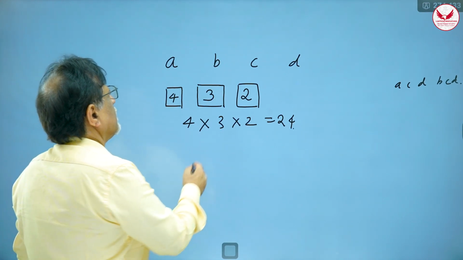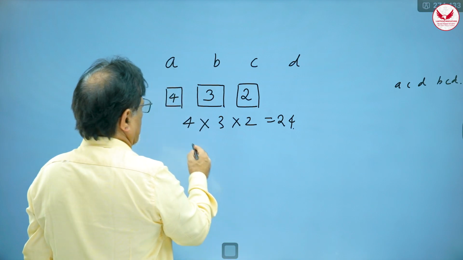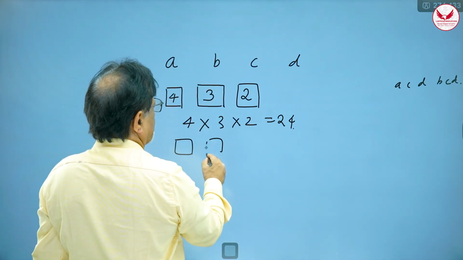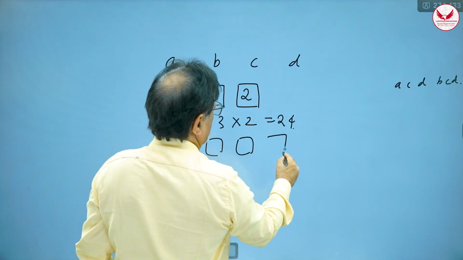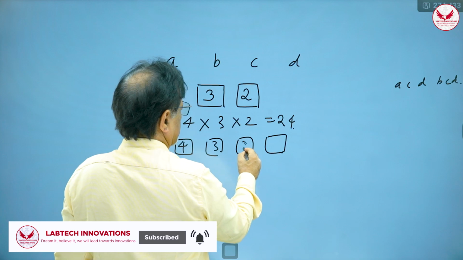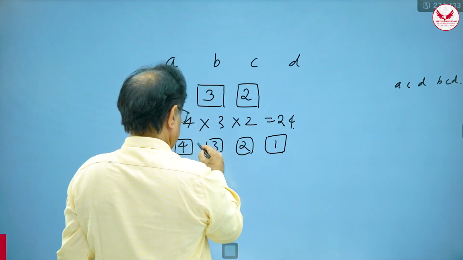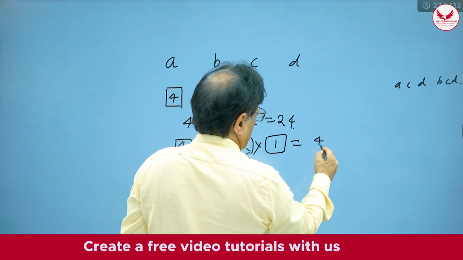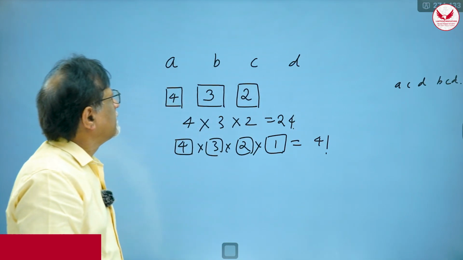So if you want to arrange all 4 objects, then that means you will have to fill up 4 places or 4 boxes. So in this case, it will be 4, 3, 2, 1. But you are familiar with this expression. This expression is called what? 4 factorial, correct?